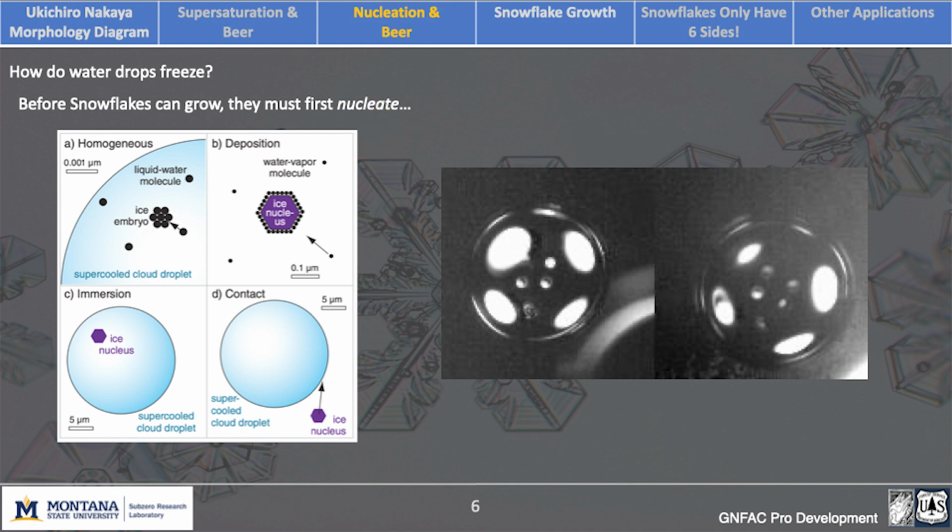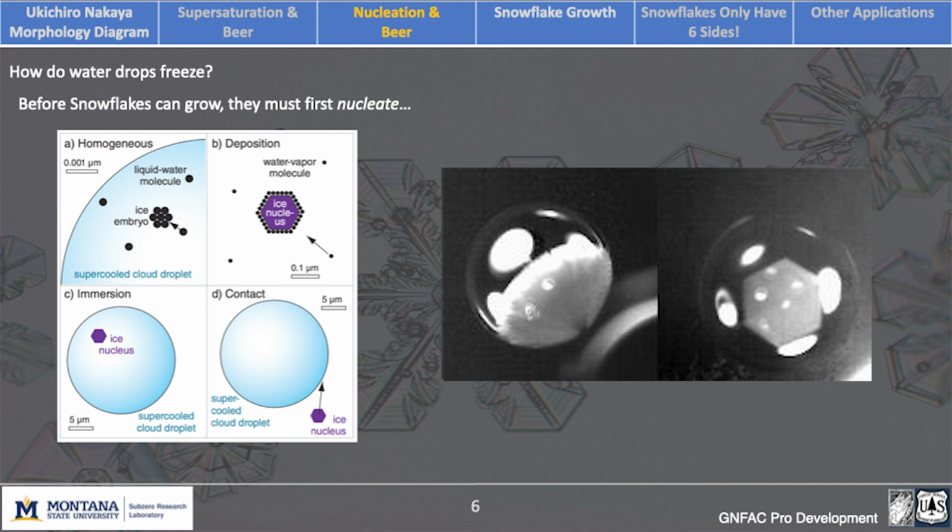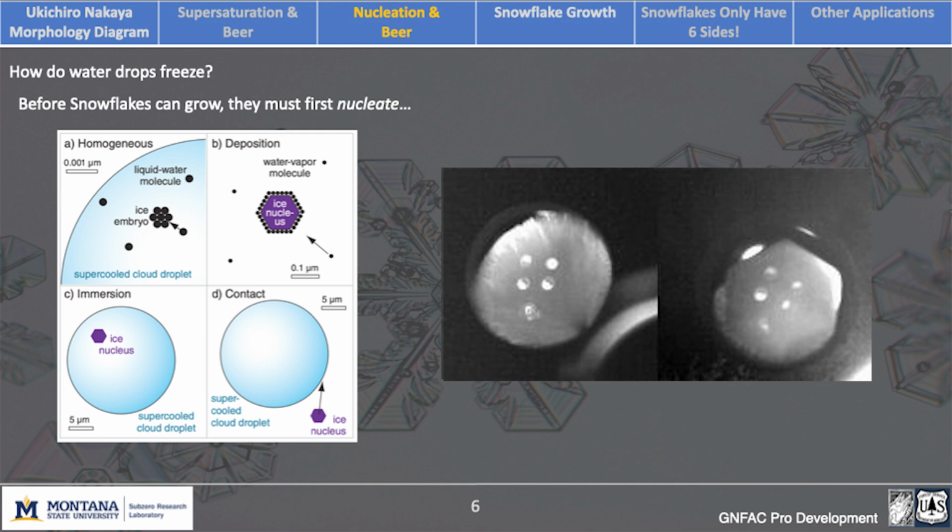But there's a really great video here from Michigan Tech from about 10 years ago that shows this process of immersion and contact nucleation. Little liquid water droplets are put on a slide, they cool the box, and then they wait for it to nucleate. You can see one nucleated from the side via contact nucleation and one nucleated from the middle via immersion nucleation.